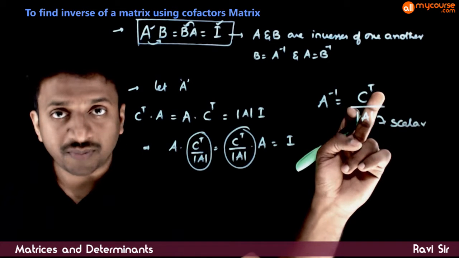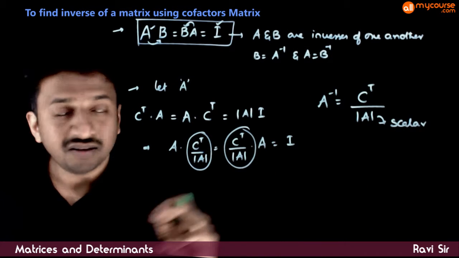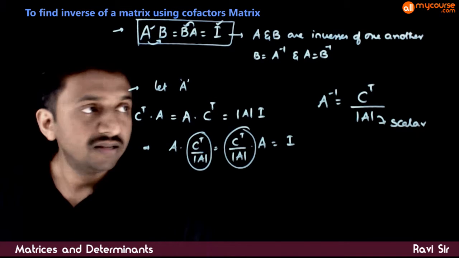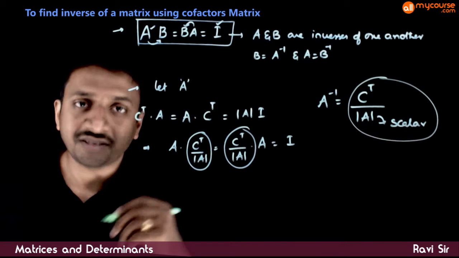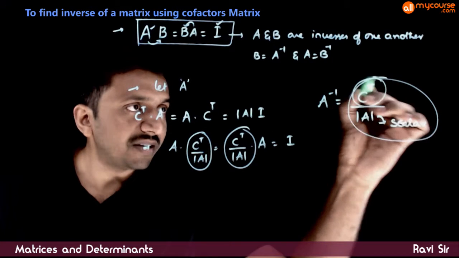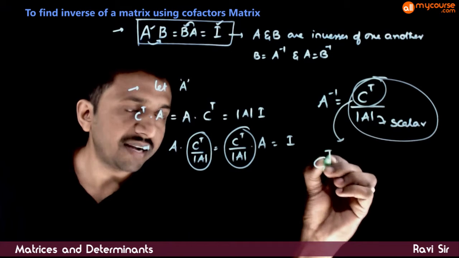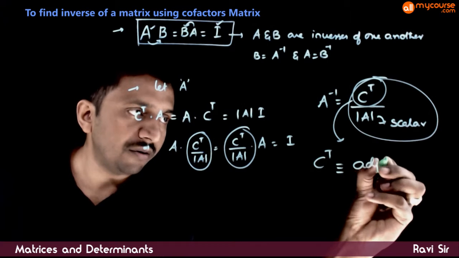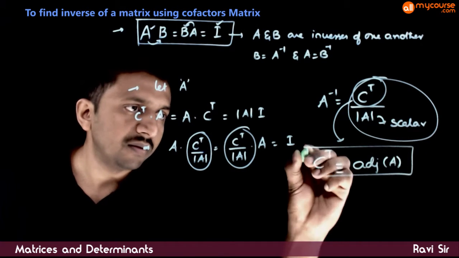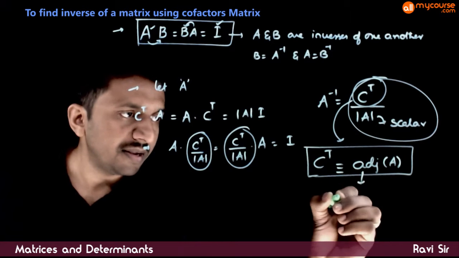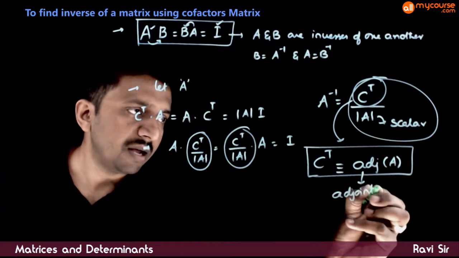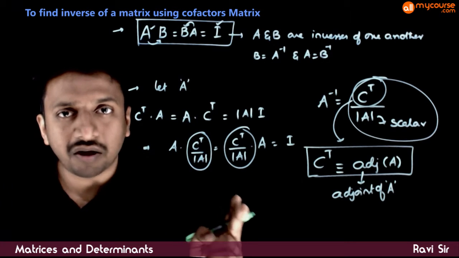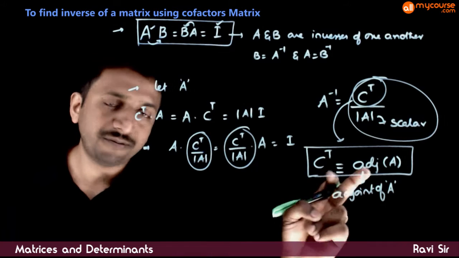The cofactors transpose matrix is being divided by this number, or being multiplied by 1 by det A. So this is the inverse of the matrix A. And this cofactors matrix transpose is usually denoted as adjoint of A. So whenever I say adjoint of matrix A, we are talking about the transpose of the cofactors matrix of the matrix A.